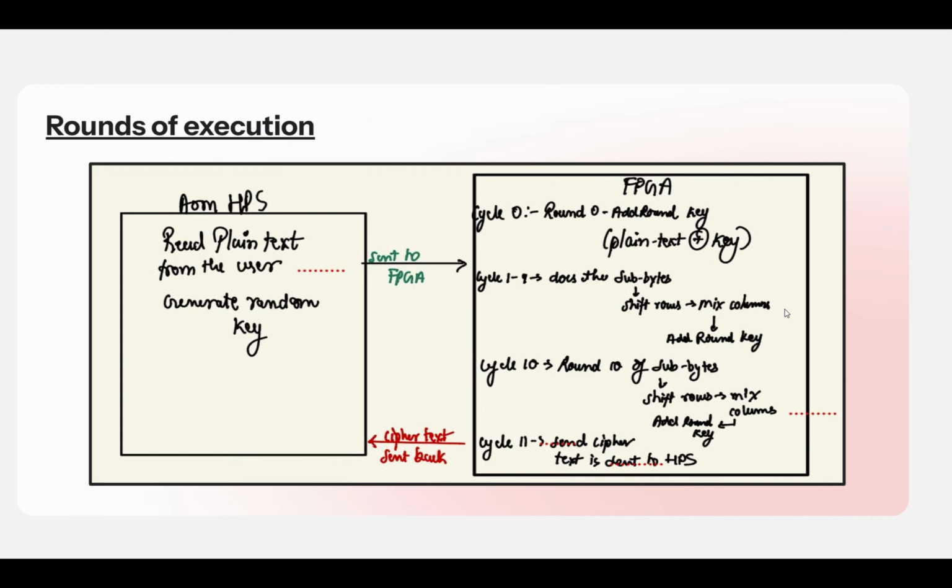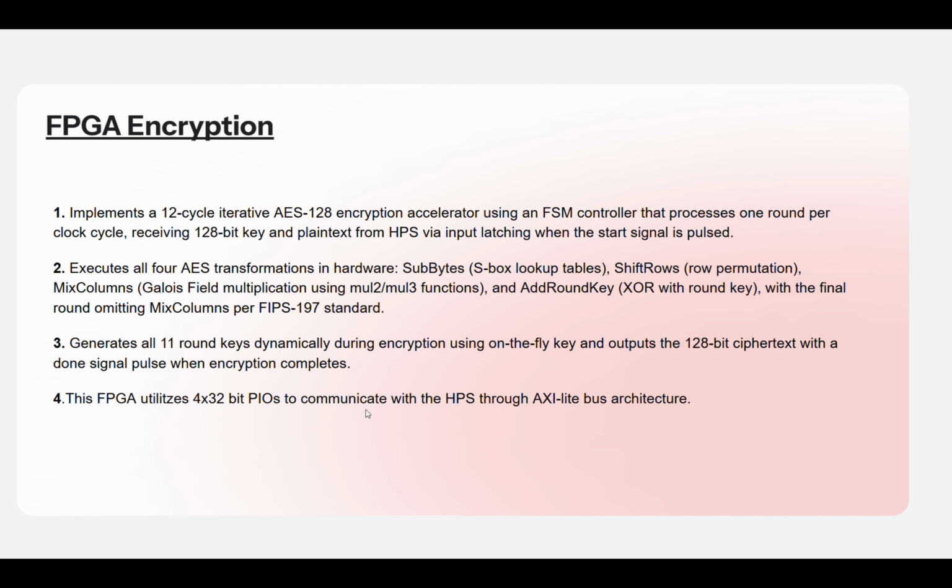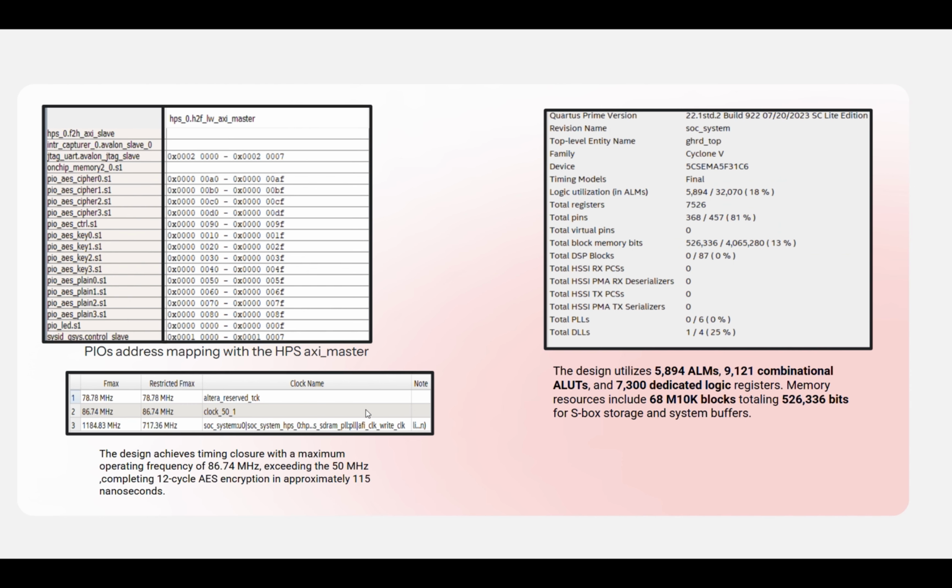We have defined a substitution table for substituting bytes, where our data is taken and substituted with the entry in the lookup table. Then it shifts the rows, as the name says, and mixes the columns, and it does the same thing over and over for 10 cycles. At the 11th cycle it finishes and sends back the ciphertext. Now let's continue to see what we have done here.